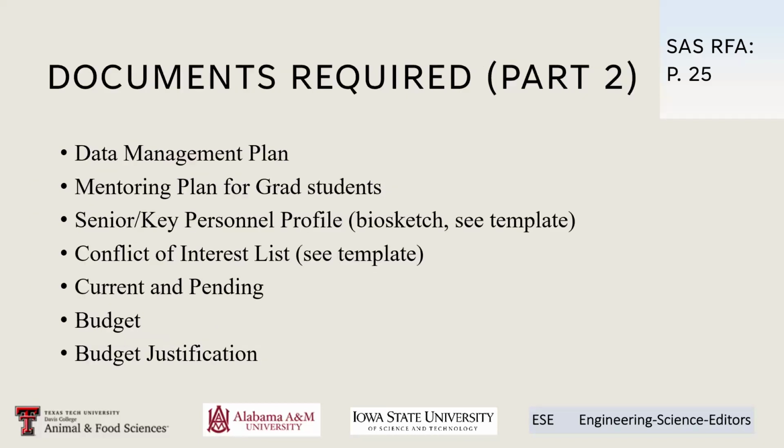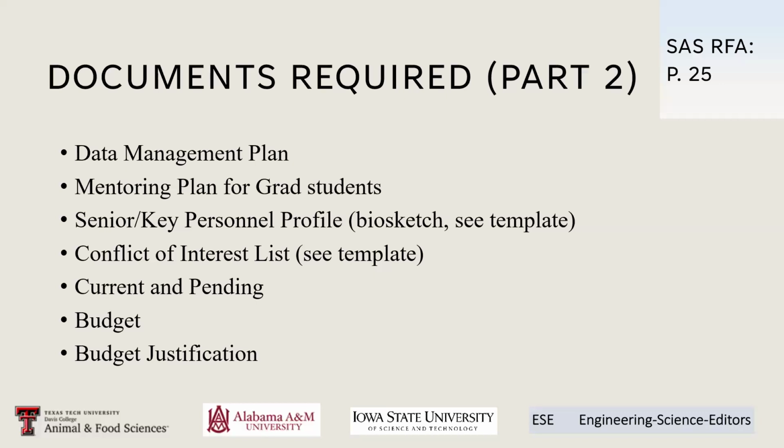You have to prepare a data management plan that informs the reviewers about all the different kinds of data you're collecting, how you are securing them, how you're sharing them. All this has to go into this data management plan. And the USDA actually has an example for that you can use and modify and make it fit to your project.